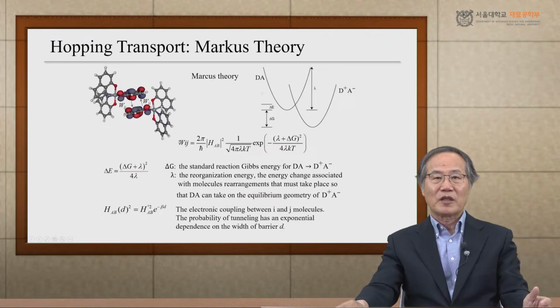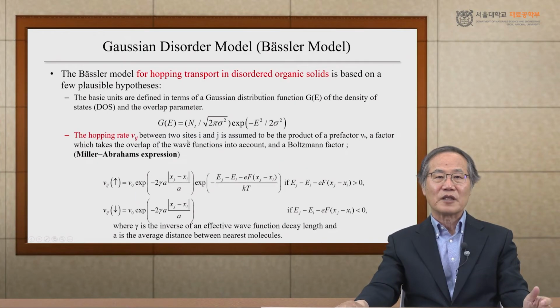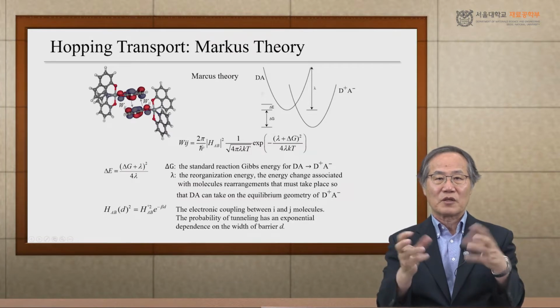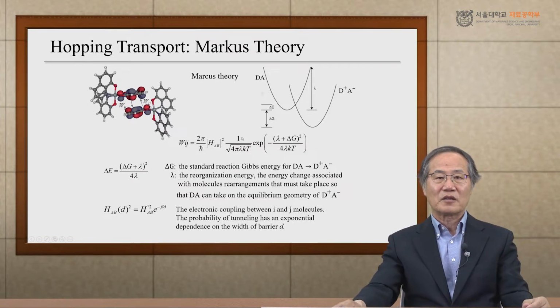In order to consider such molecular properties, people apply Marcus theory to describe hopping transport, where the hopping rate is described by this equation, where H is the electronic coupling between the i molecule and the j molecule. So electronic coupling is necessary in this case. And lambda is the reorganization energy, between the donor-acceptor couple and the donor-plus acceptor-minus couple after charge transfer.